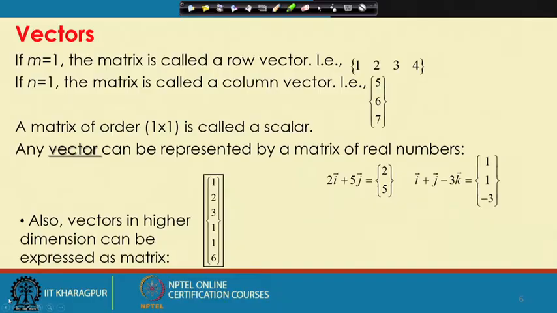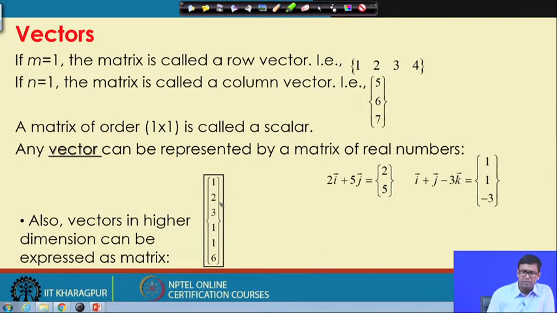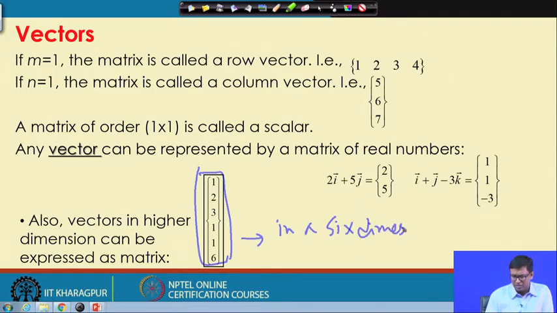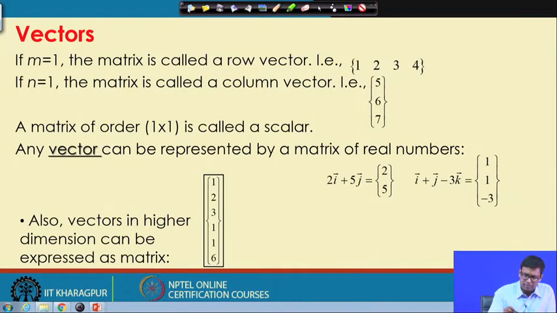Similarly, a higher dimensional vector can also be represented as a column matrix. It will have 6 entries, so this is a vector in a 6 dimensional space. Several times we have to work with higher dimensional spaces in matrix algebra.